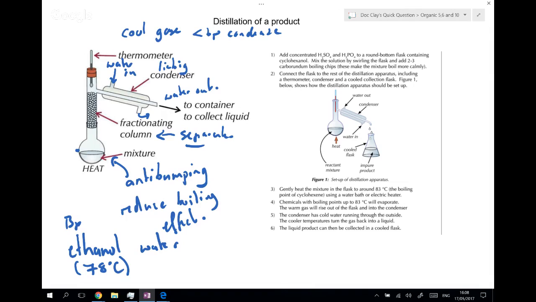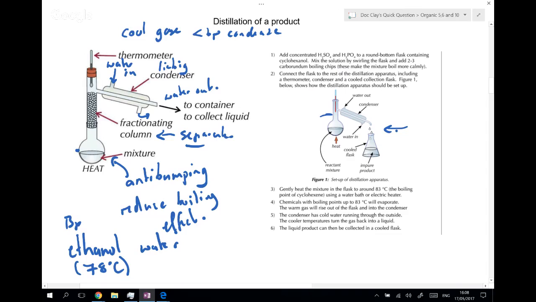The other way you may have seen it is without the fractionating column. So if we do a distillation, as we see on the right-hand side, you notice that there's not the addition of the fractionating column, but there's quite a long tube to the round bottom flask. What we're going to get here is something which isn't quite as pure a product at the end. Here we have a description of how we might use distillation.